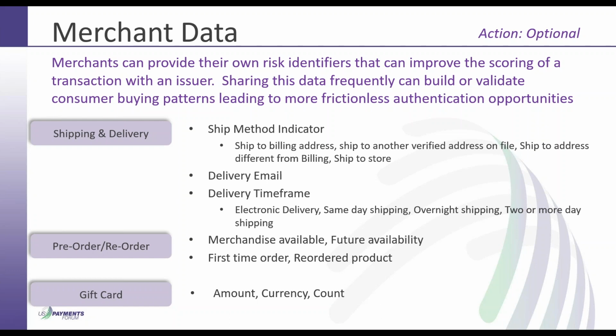And I know that some online retailers support ship to store, and that may have a different risk profile than shipping to the billing address using your standard shipping option. So from an issuing perspective, you could run analytics in real time or after the fact to see if you notice any patterns for ship to store transactions versus shipping to a billing address.